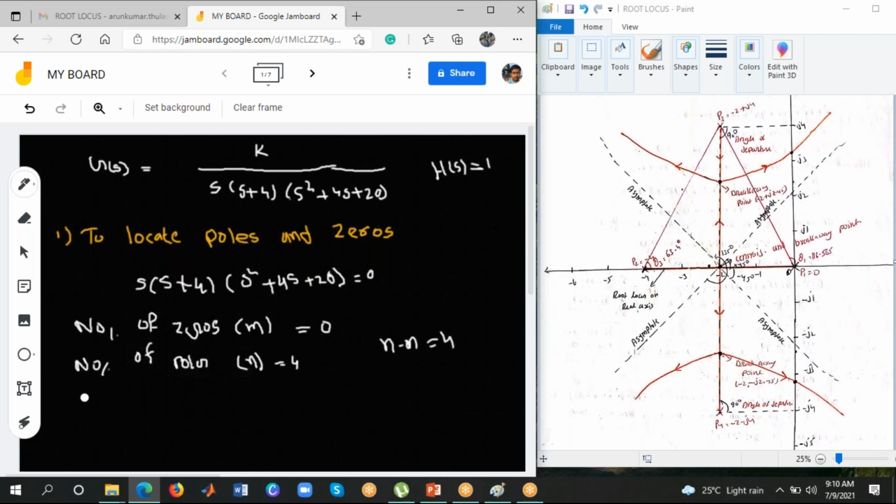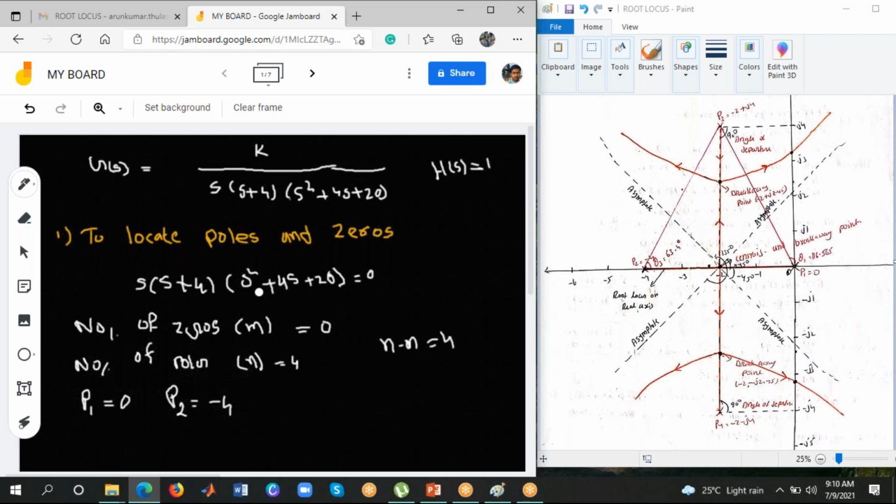The first pole is 0. What about the second? Minus 4. Now, we can get the remaining two roots from this equation, right?